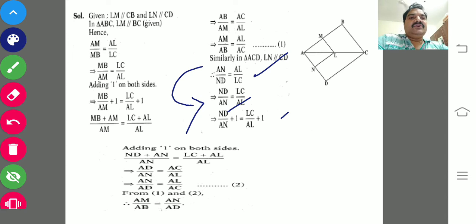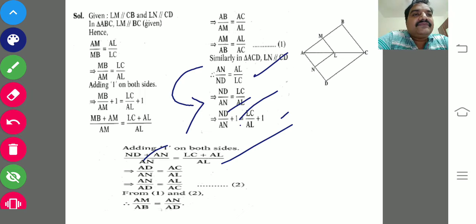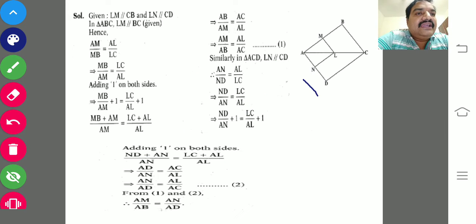If you add 1 to both sides, you get ND plus AN by AN, and LC plus AL by AL. Now again you just observe the picture. ND plus AN equals what? AD.